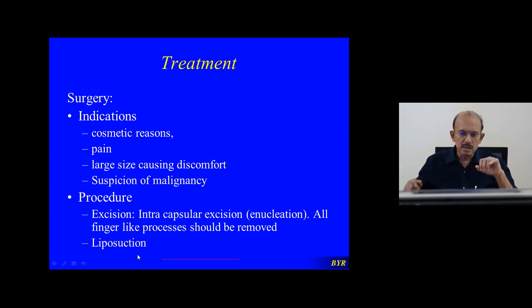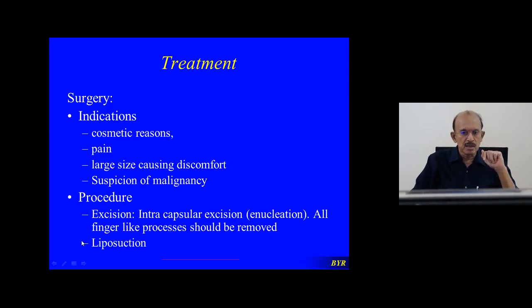Switch on the suction apparatus, and while you move the cannula in the subcutaneous plane, all the fat will be scraped off from the subcutaneous area and gets sucked in. So you can remove large masses of fat with this liposuction.